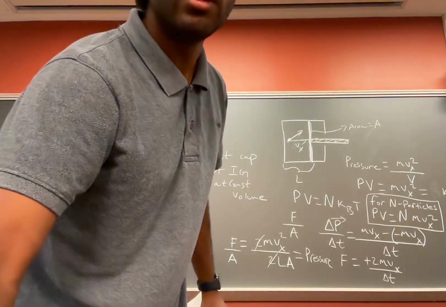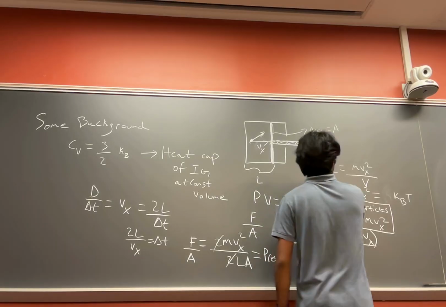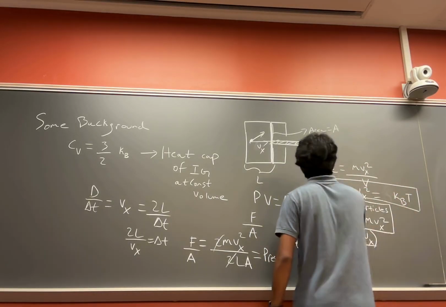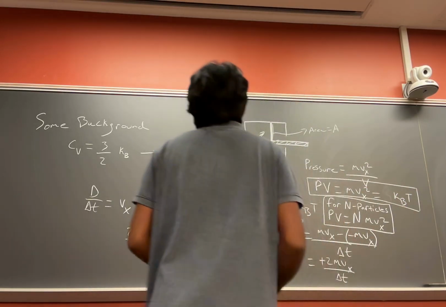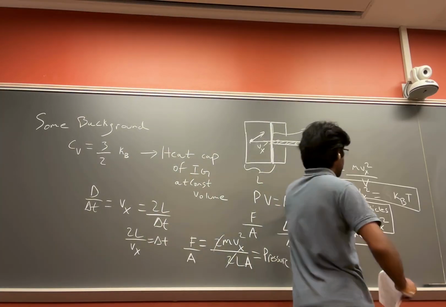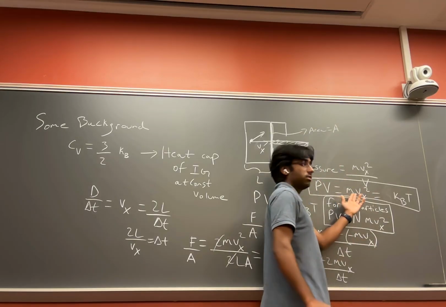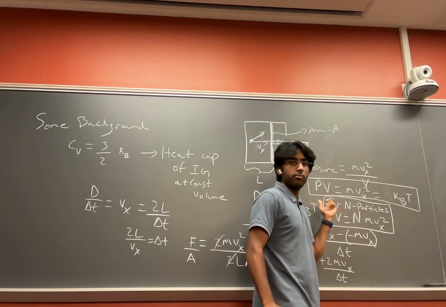I'm sorry, you can't see that. So this has to be true from the ideal gas law. If that has to be true, then notice how this is just kinetic energy in one dimension.